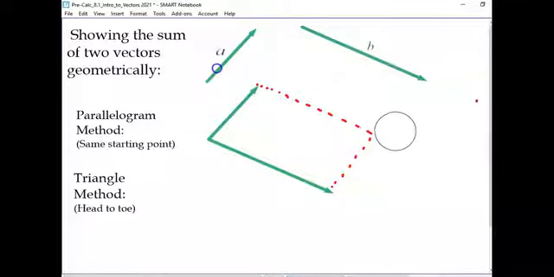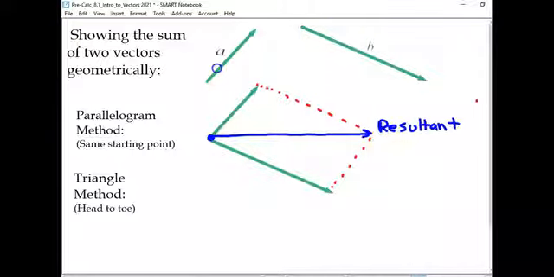Pretty good there. So the starting point is where the two rays start, and the end point is just at the end of the diagonal. So you just draw the diagonal when we do the parallelogram method. So this is the resultant vector.